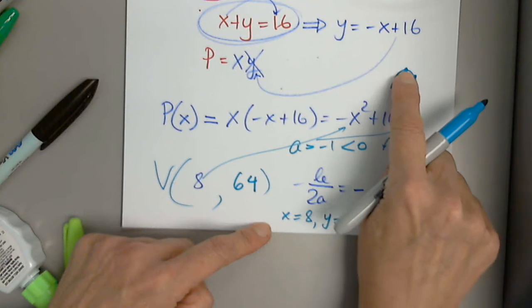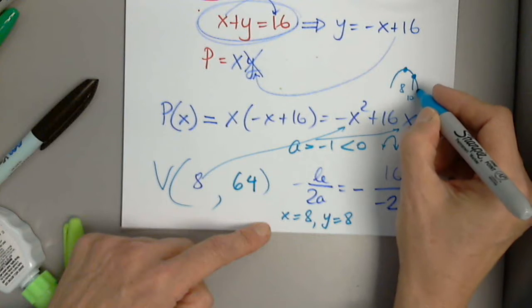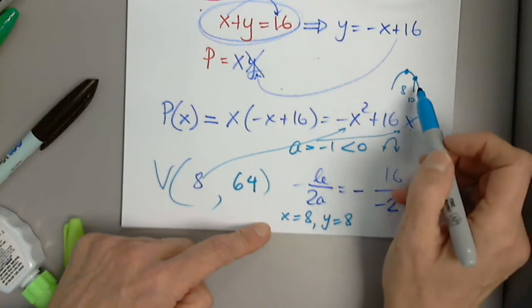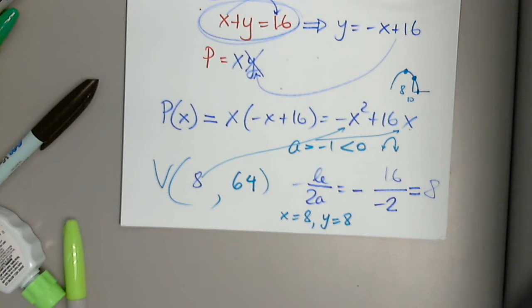You only get a maximum product when x is 8. If you increase it even more, that's not going to be the maximum product. So there is only one point that gives the maximum product, when x is 8 and the y coordinate is 64.